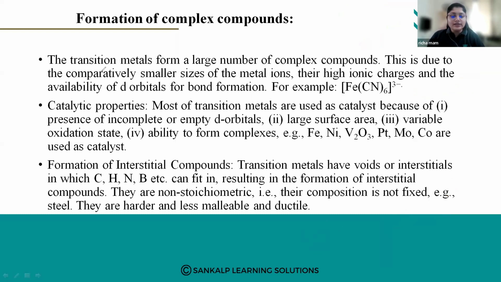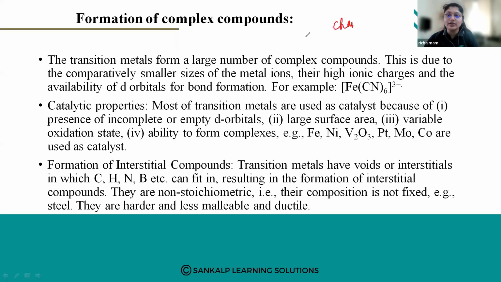Now, why is there this tendency of the metal ions to combine with different ions? This is due to two main reasons. First, the transition metals have a very small size and a very high positive ionic charge, so the charge density is also quite high.